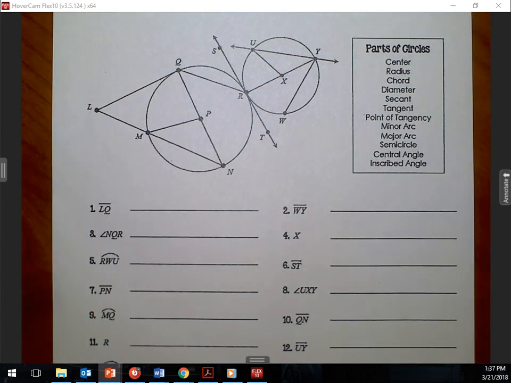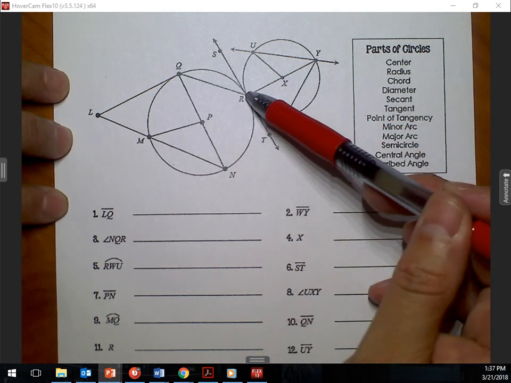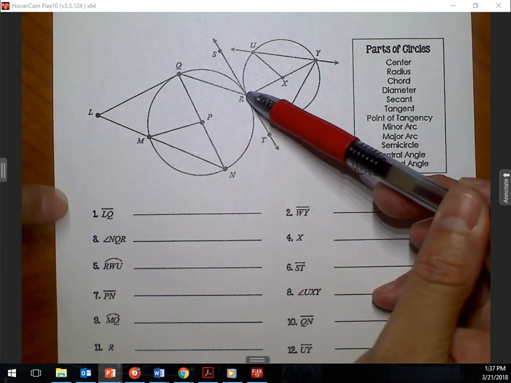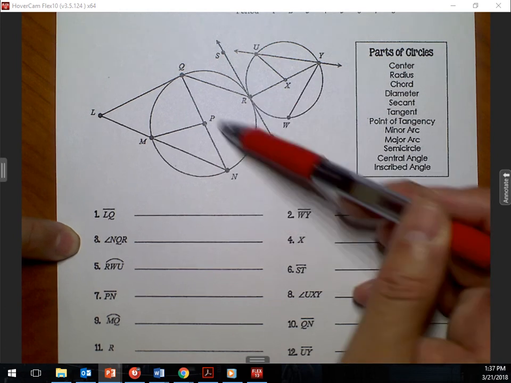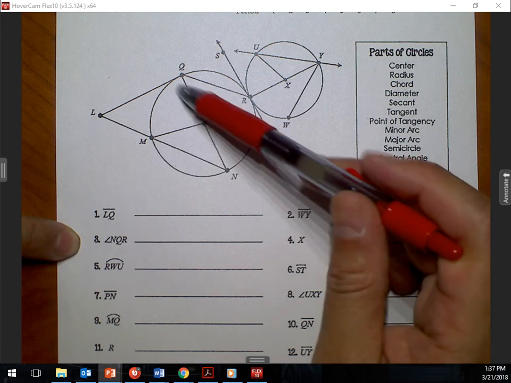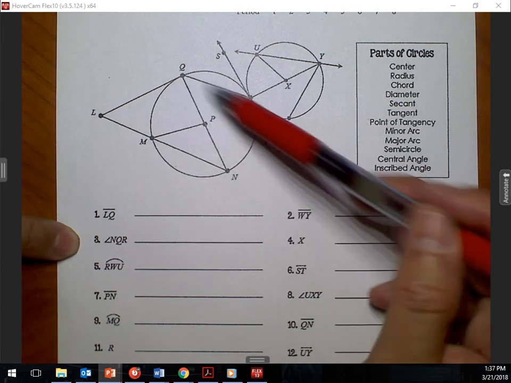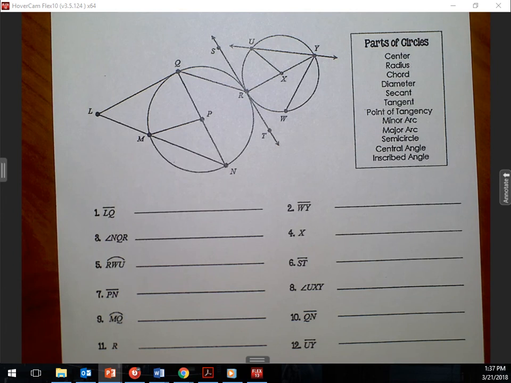So trace it out if you need to. N to Q to R. N to Q to R. It's an angle. What is it going to be? Inscribed. There we go. It's an inscribed angle.